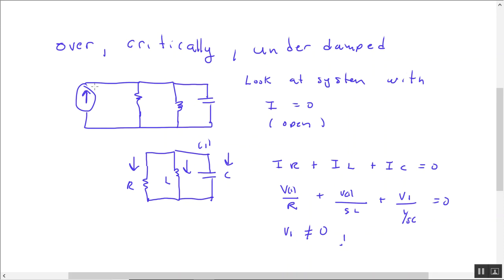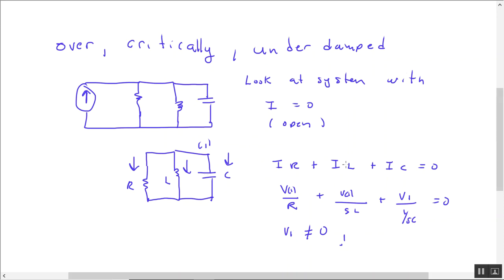So to set this current to 0, I just take it out of the system. And then I have these 3 parallel elements, and I just write the current-voltage equation at node 1. It might seem odd to write it like that, but just remember you could have initial conditions here.